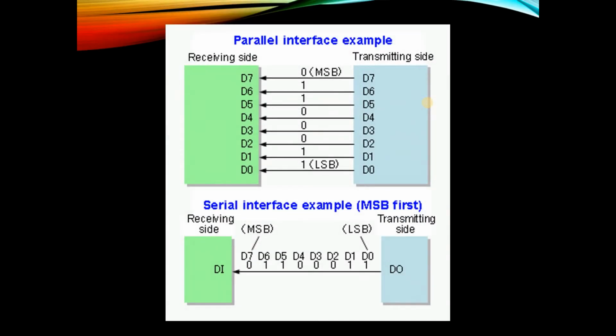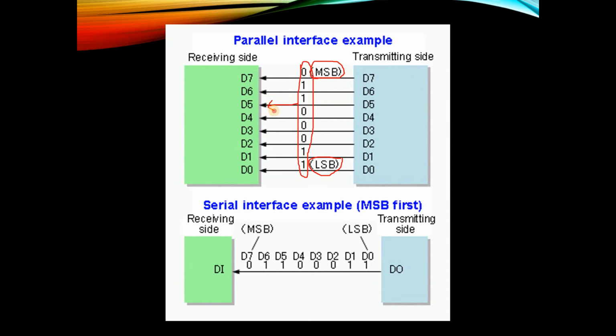So look at this picture. It shows how the data are getting transmitted from sender to receiver. The right side shows the sender and the left side shows the receiver. MSB stands for most significant bit, and LSB for least significant bit, or lowest significant bit. The most significant bit will transmit first. In parallel transmission, all the bits will transmit together at the same time.